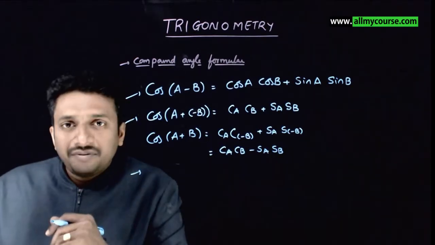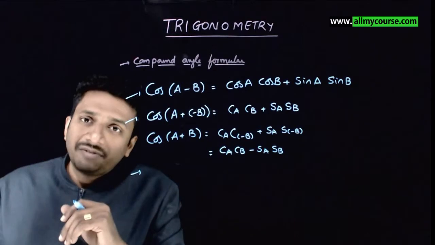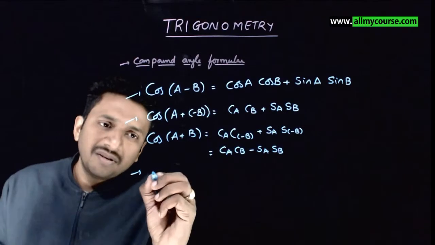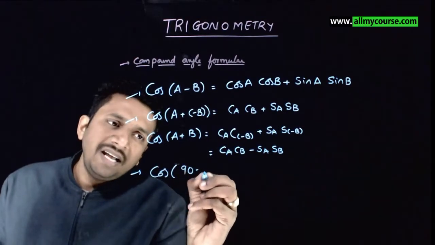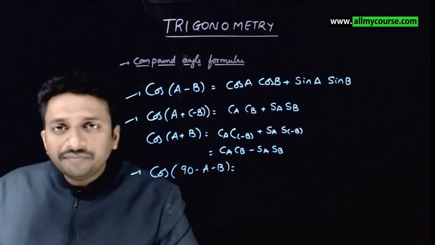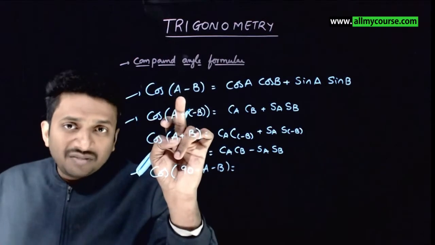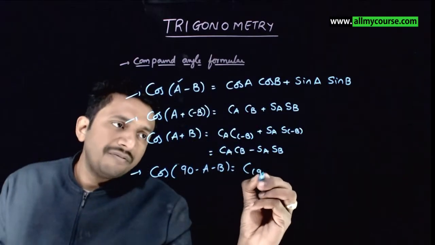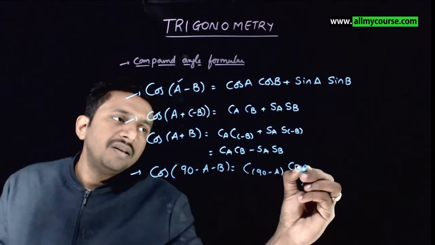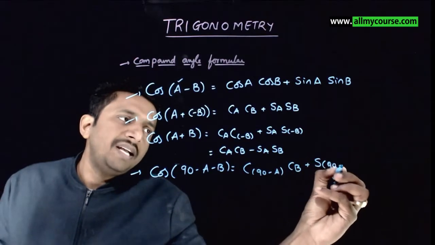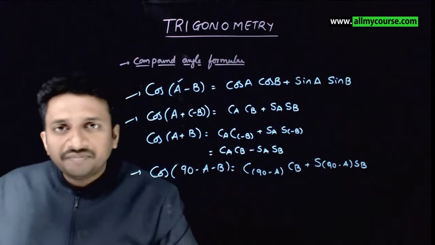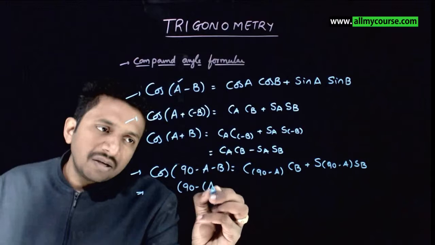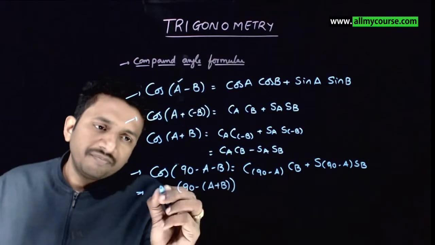Now if you want sin(A plus B) and sin(A minus B), instead of A, I'll write 90 minus A. See what happens. I'm using this formula, where I substitute A with 90 minus A. So cos(90 minus A minus B) is equal to cos(90 minus A) cos B plus sin(90 minus A) sin B. The left side is cos(90 minus (A plus B)).